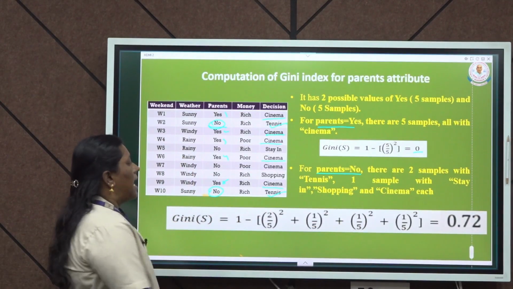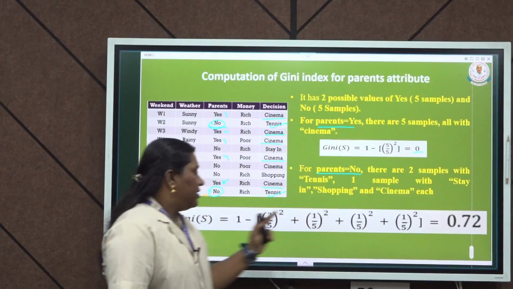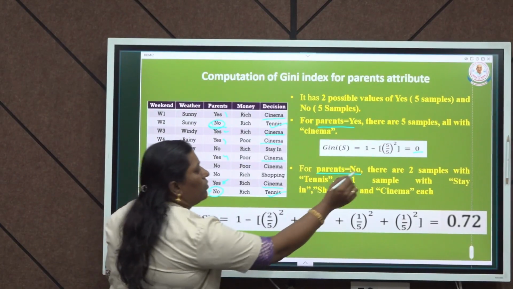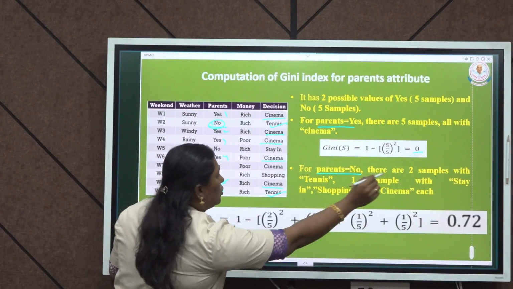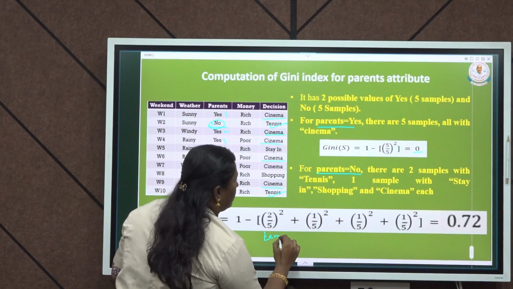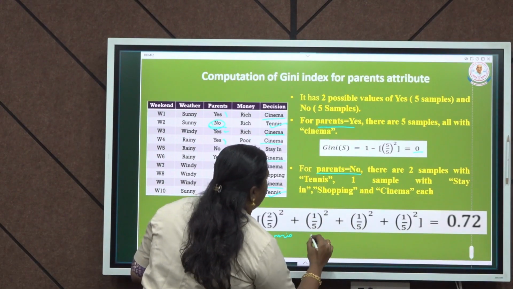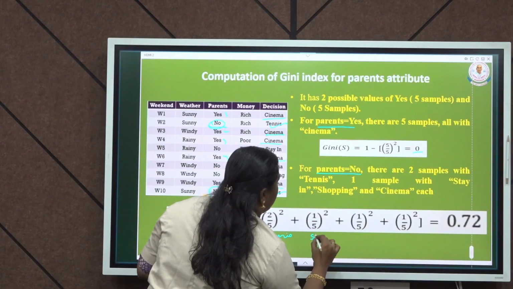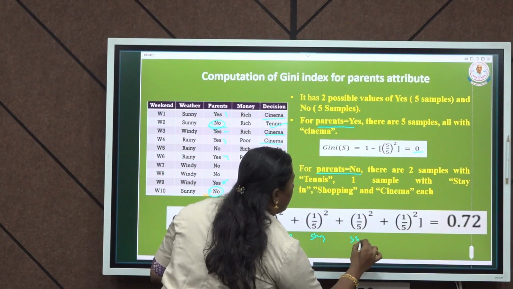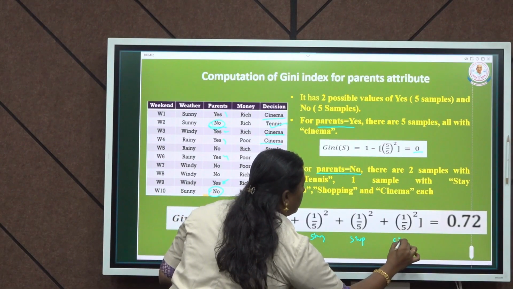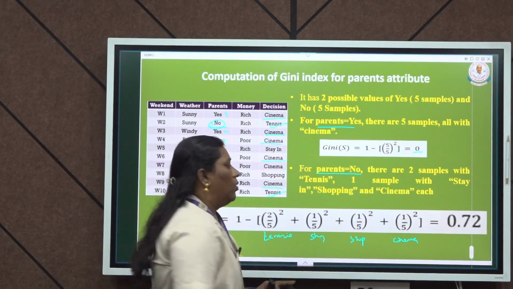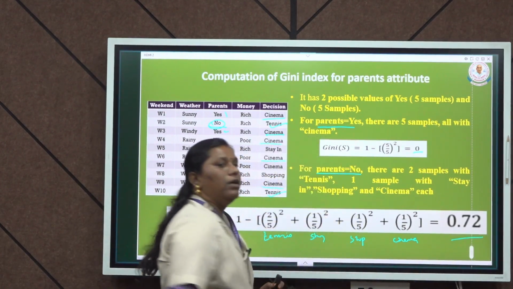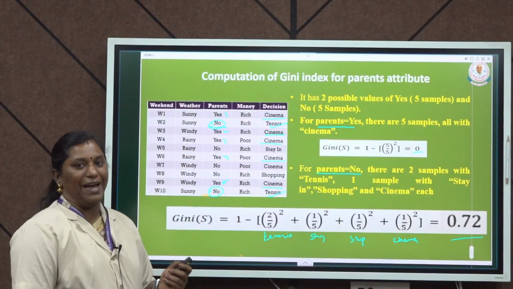Now, let us apply these instances to the Gini index. Out of 5, 2 samples for tennis, 1 sample each with staying, shopping and cinema. While solving this equation, we get 0.72 as the Gini index of parent.